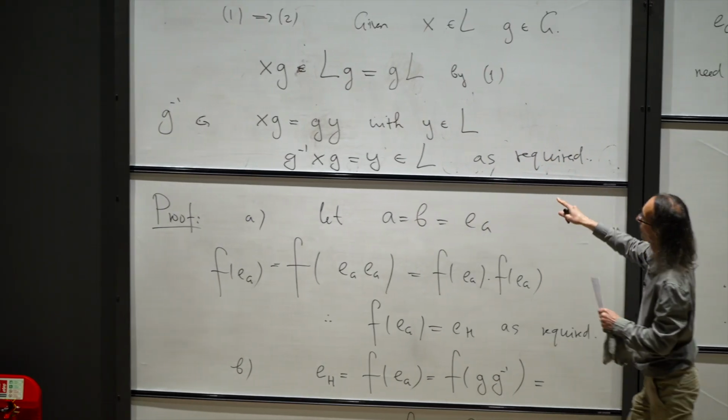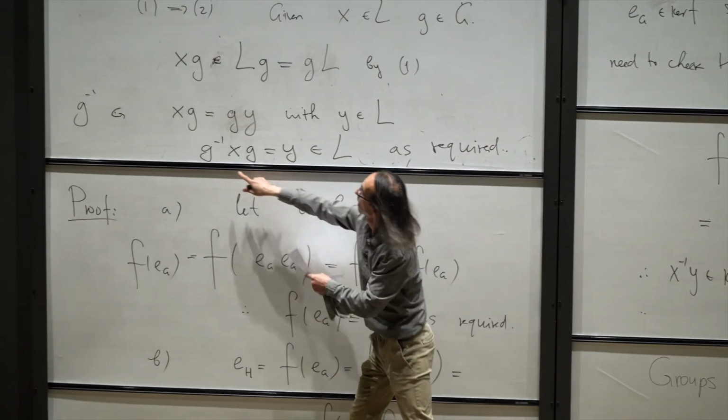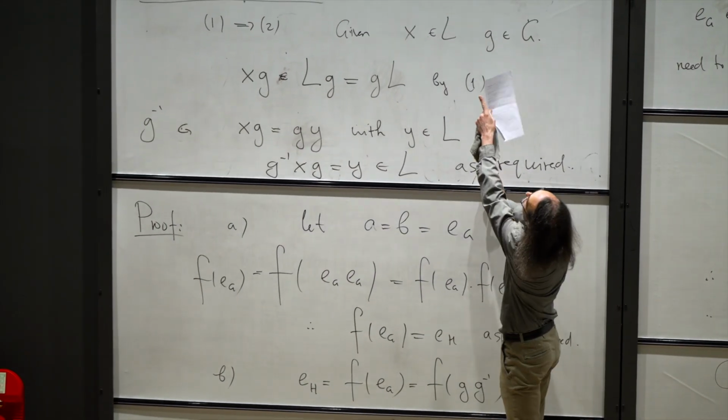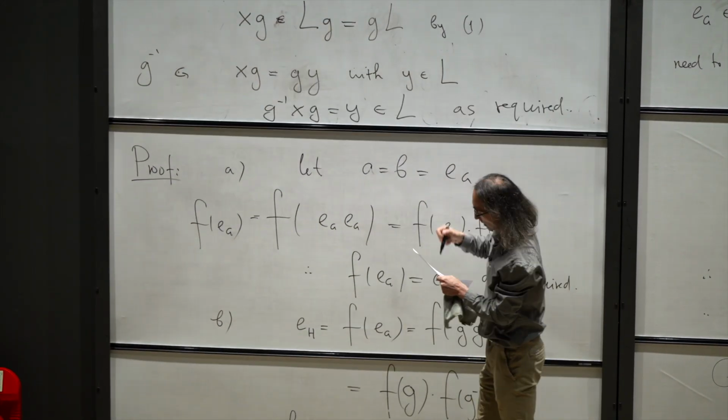Right? That's what was required, that g inverse xg is in L. Okay? So 1 implies 2.